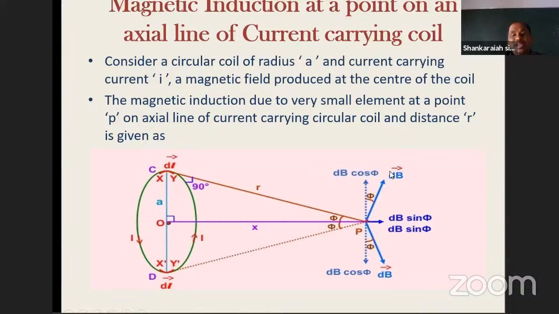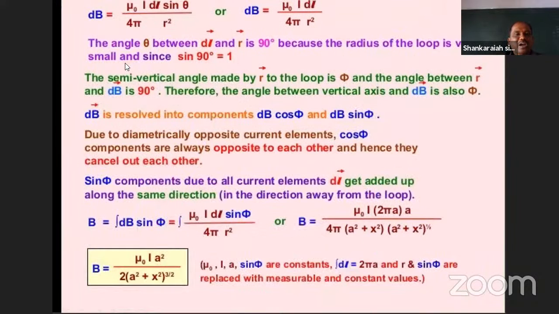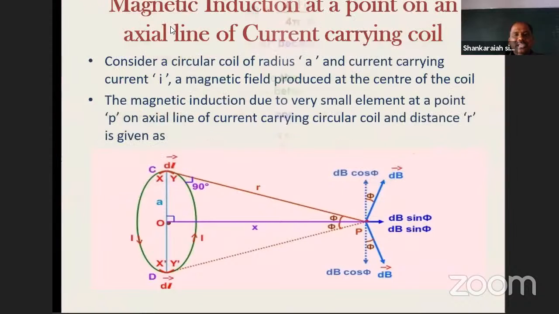According to the Biot-Savart law, dB equals mu0 by 4 pi, I dl sin theta divided by r square. But listen carefully: this is the length of the element dl, and this is r.